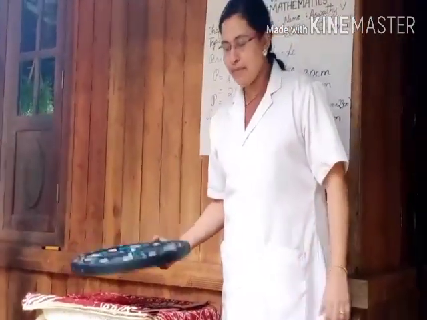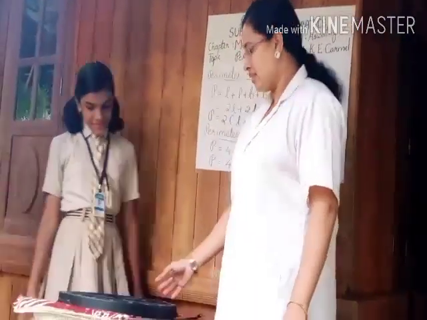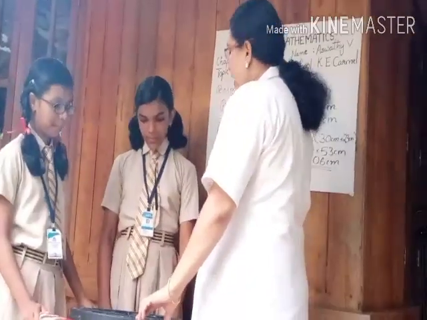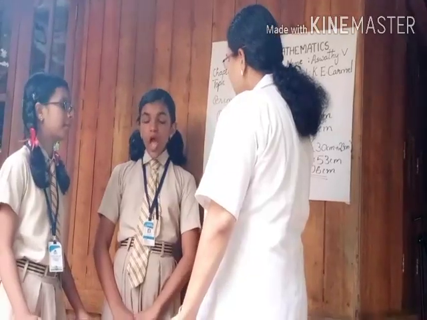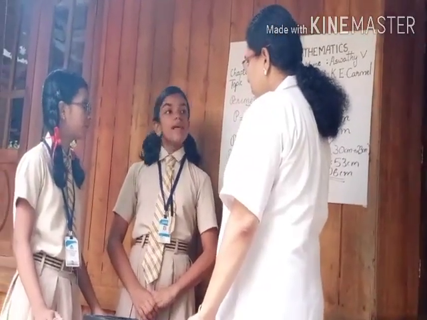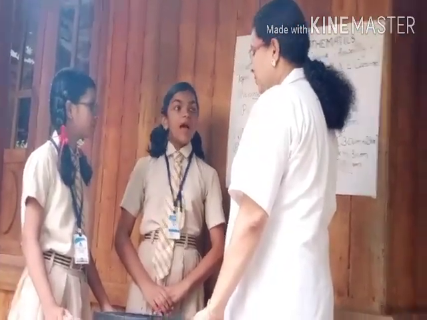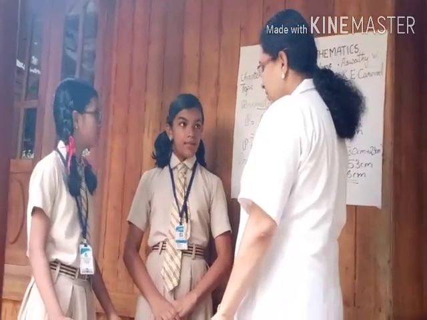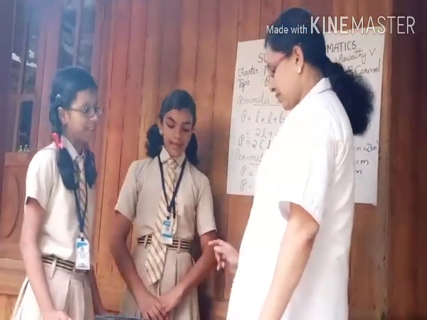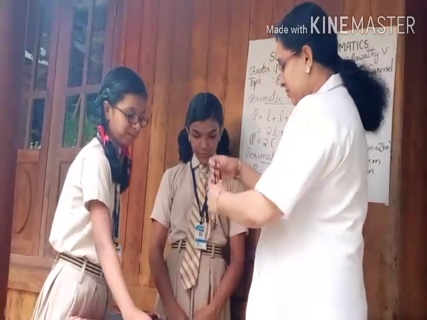Two of you please come forward. How to find out the perimeter of this dartboard? We want to measure the length of the boundary with a thread and the length of the thread with a scale. Very good. Can you do it? Yes. I'll give you a thread.